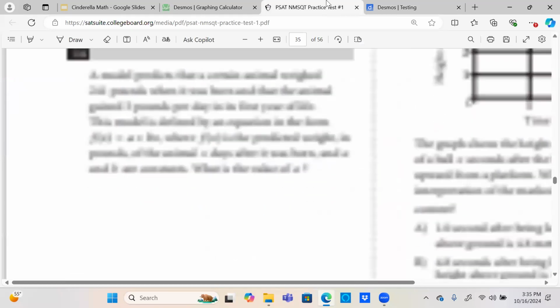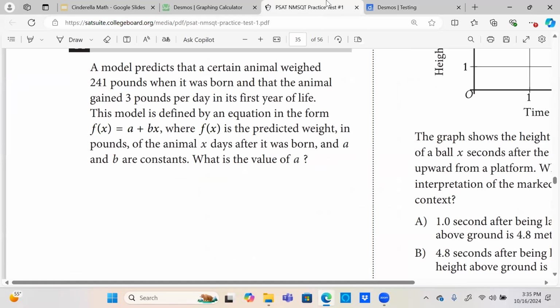14. A model predicts that a certain animal weighed 241 pounds when it was born, and that animal gains 3 pounds per day in its first year of life. This one is your slope. Whenever you have the word per, that's your slope.